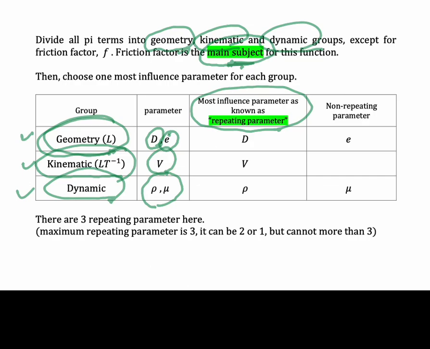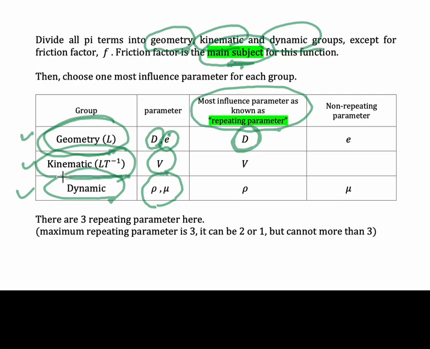You need to think which one influences the flow more. Normally we take the diameter as the repeating parameter, because if the diameter keeps increasing and becomes larger and larger, the surface roughness may not influence the flow anymore. So the diameter is the most influential parameter for geometry.